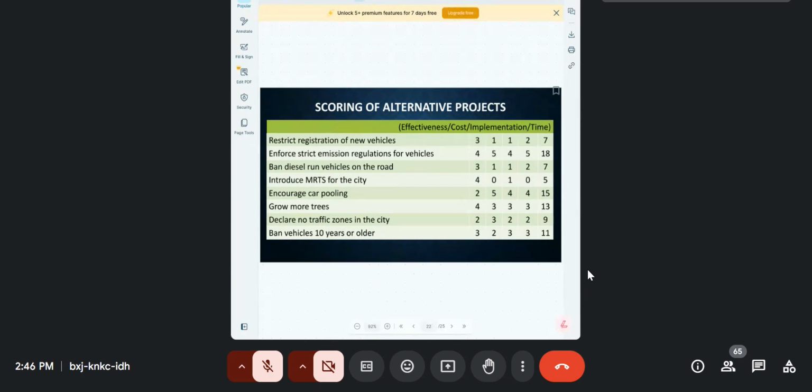Restricting registration of vehicles would have a medium kind of effect on the effectiveness of reducing pollution, as opposed to, for example, introduction of the mass rapid transport system, which would actually have a higher rate since it reduces the number of vehicles, since more people are using a singular vehicle.